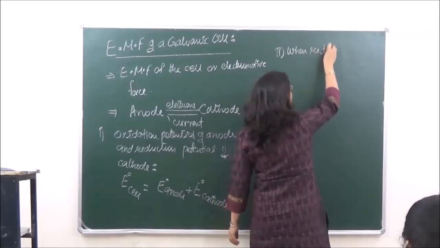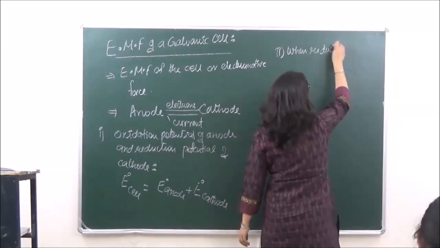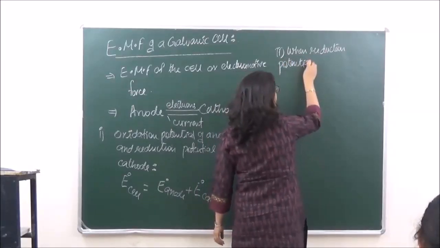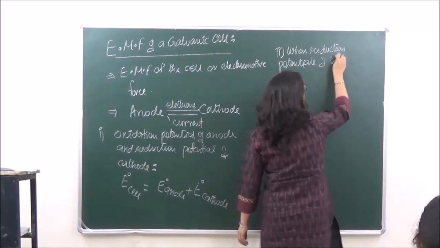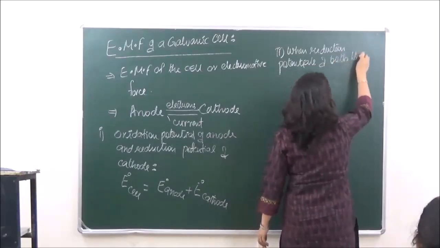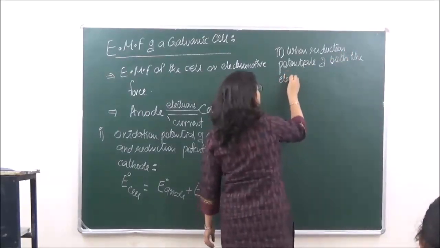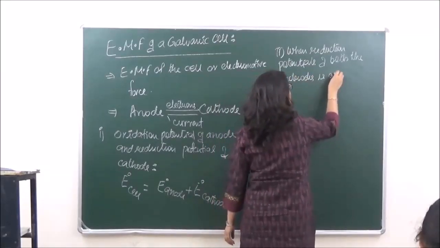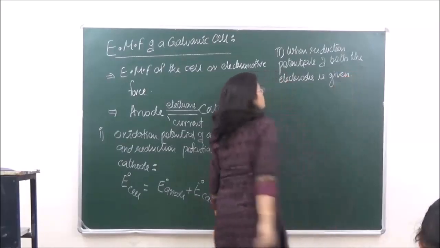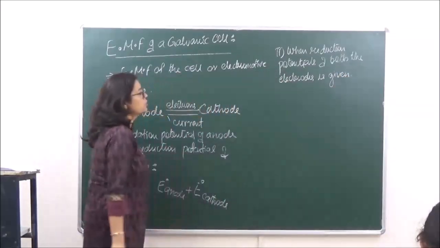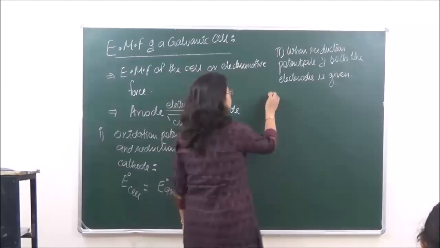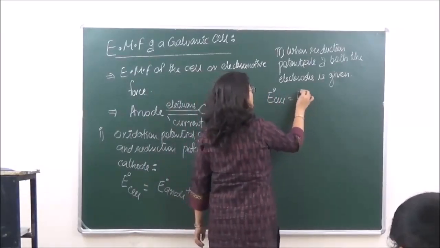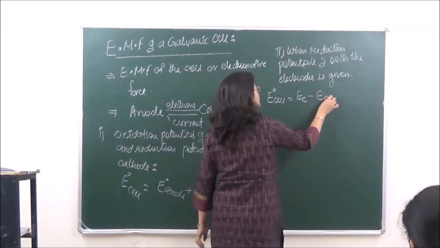Now when the reduction potentials of both the electrodes are given, in that case the E naught cell becomes equal to E cathode minus E anode.